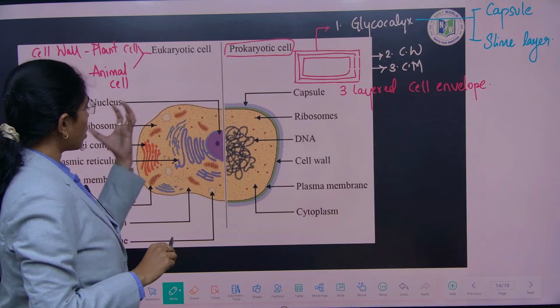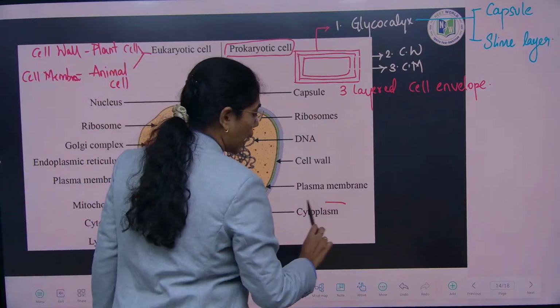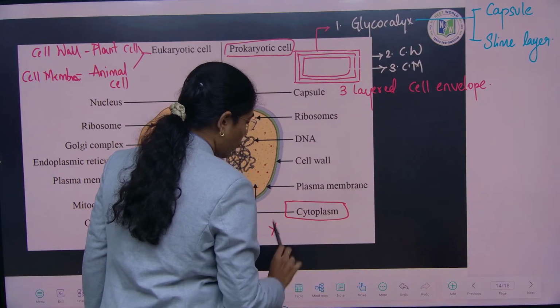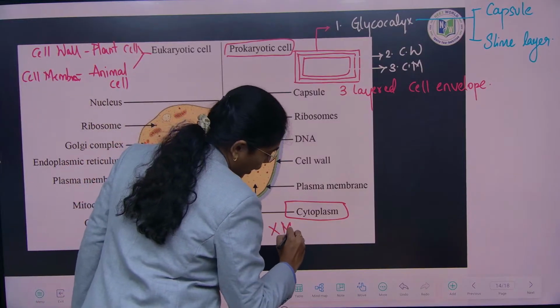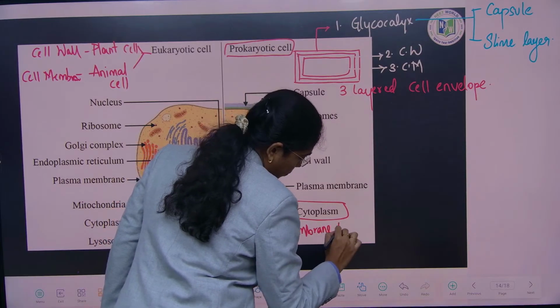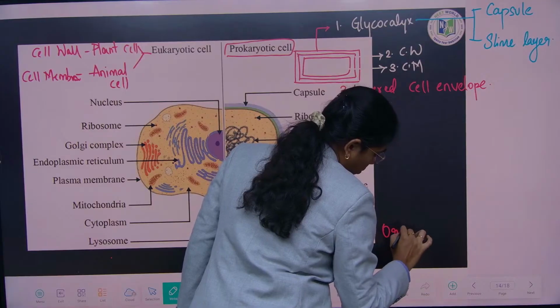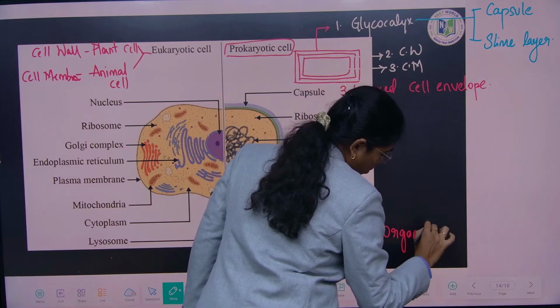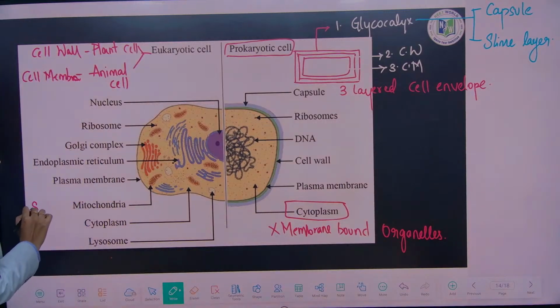Next, when you get into the cytoplasmic composition, in the cytoplasm of a prokaryotic cell, you do not find any membrane bound organelles. Eukaryotic cell will have single membrane bound organelles and double membrane bound organelles also.